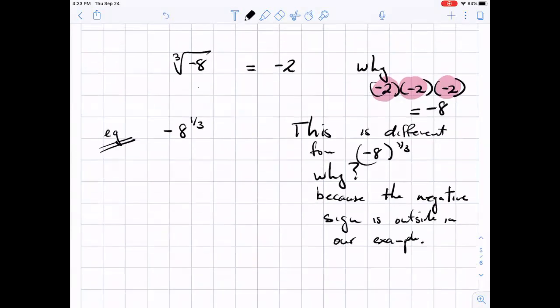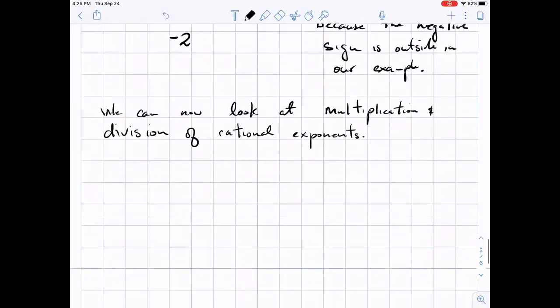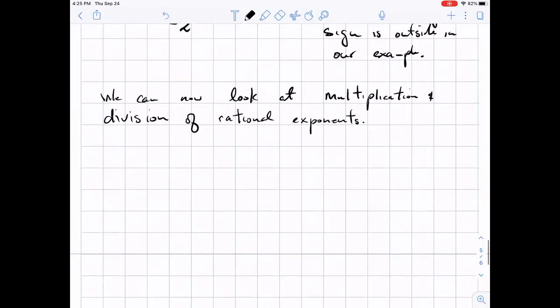So what it means here is, first we'll do this part, and this here is the cube root of 8, which is 2, and this negative sign drops down, so the answer becomes negative 2. So in both cases you'll get negative 2, but keep in mind the way the problem is written is totally different. So we can now look at quantities where we're multiplying and dividing using rational exponents.